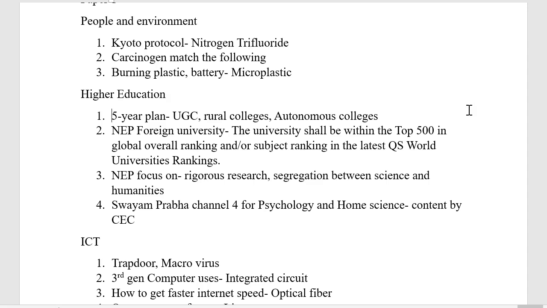The second question was related to NEP. Which are the criteria that we impose upon setting up foreign universities in India? Among the options, there was one option: the university shall be within the top 500 in the global overall ranking. As the second option, we had the same sentence, but the university shall be within the top 500 in the subject ranking.